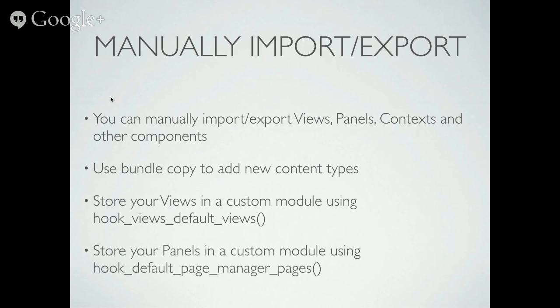But rather than dealing with features and the whole workflow with that, you just want to hard code these in your module. So you can export your views and your panels pages, and you can include these using these two hooks. So you can actually provide default views and default panels pages with your module.